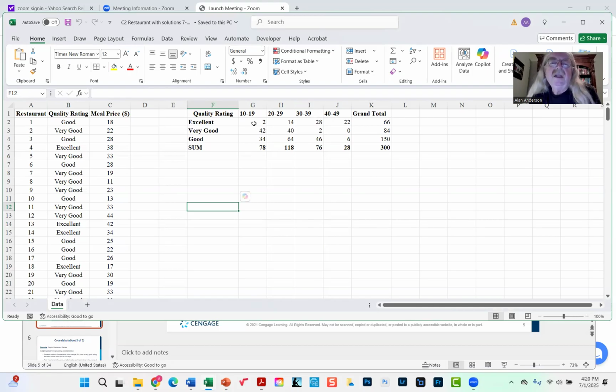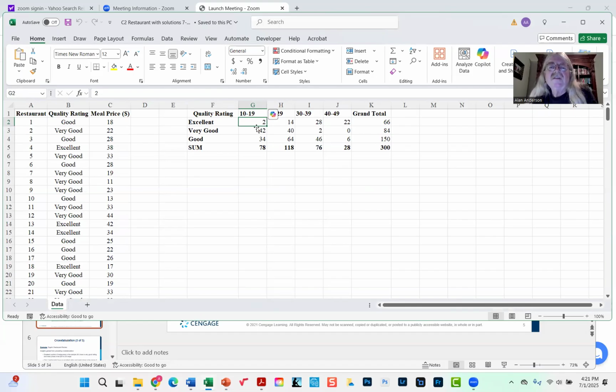And so it's kind of instructive to look here and see what kind of ratings we can get depending on the different prices. So you can see, for example, there's only two times when we had an excellent meal in the $10 to $19 range. So it kind of makes sense because you would imagine that at a relatively inexpensive restaurant, maybe the quality is not quite what it would be at a more expensive restaurant, although it doesn't always work out that way.